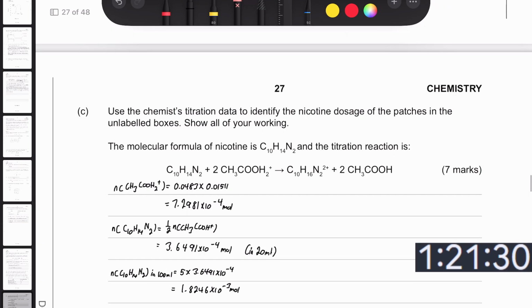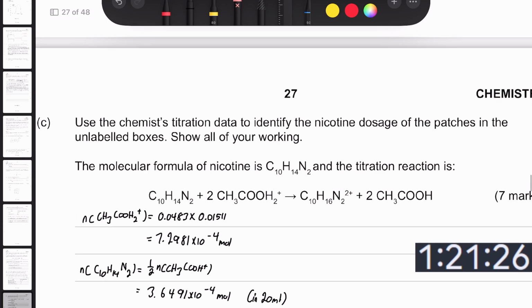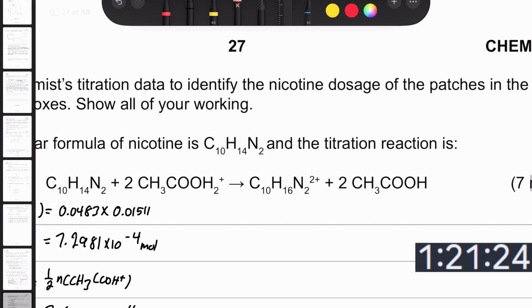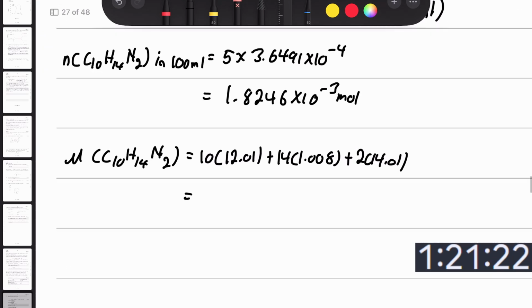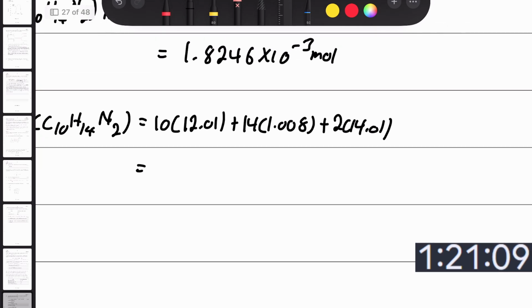That's right, this is a bit of an odd titration, using acid to titrate a base like that. Interesting. Anyway, so that's 162.232 grams per mole.